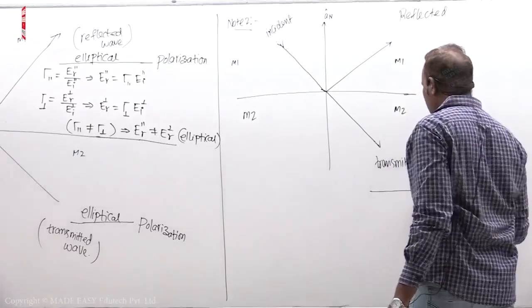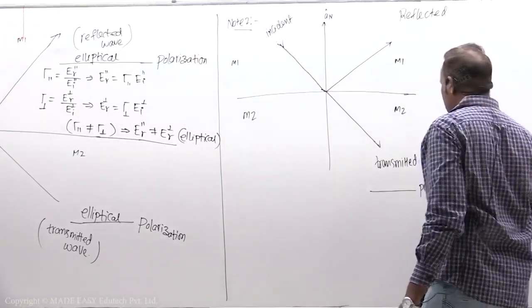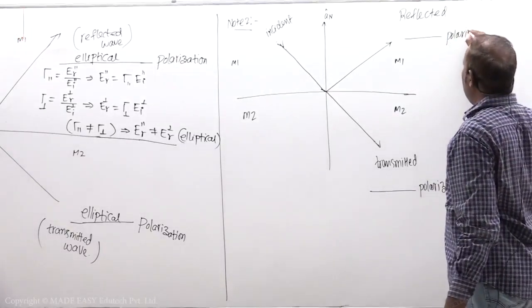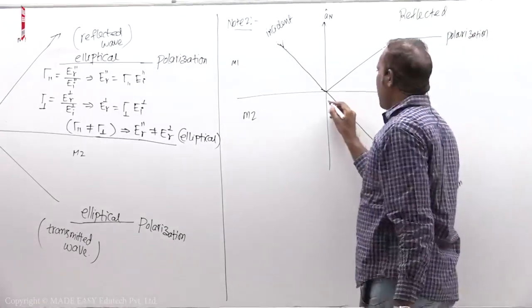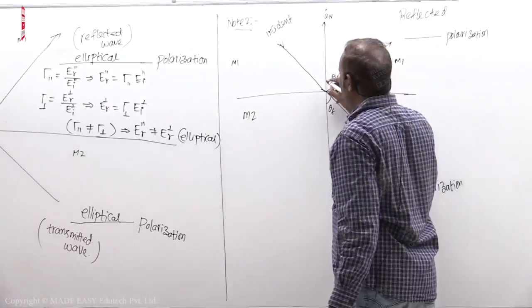Now, what is the polarization of the reflected wave? Similarly, what is the polarization of the transmitted wave? This is the normal, this is theta t, this is theta r.